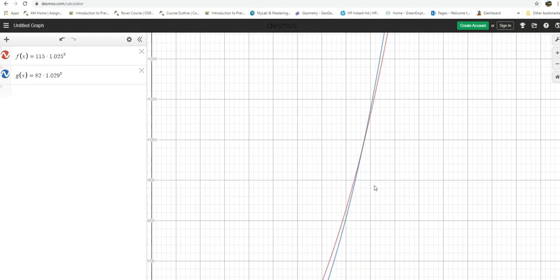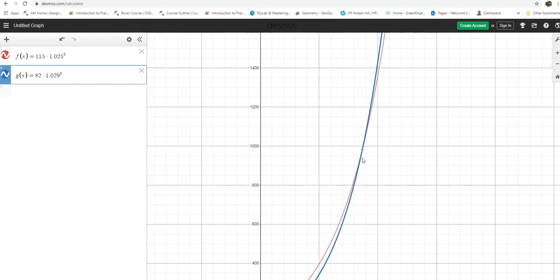So eventually, at some point, the population of B will outgrow the population of A. That's about the time 86.8, when forest B outgrows forest A.